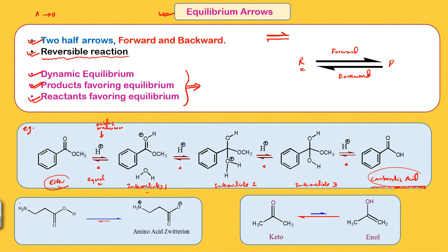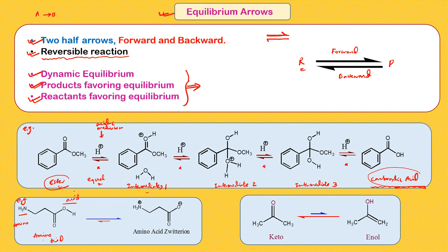Here we'll find, in the second example, an example of an amino acid. This is the amino acid. As we know, an amino acid is a moiety associated with two functional groups. The first one is the amino group, and the second one is the carboxylic acid group.